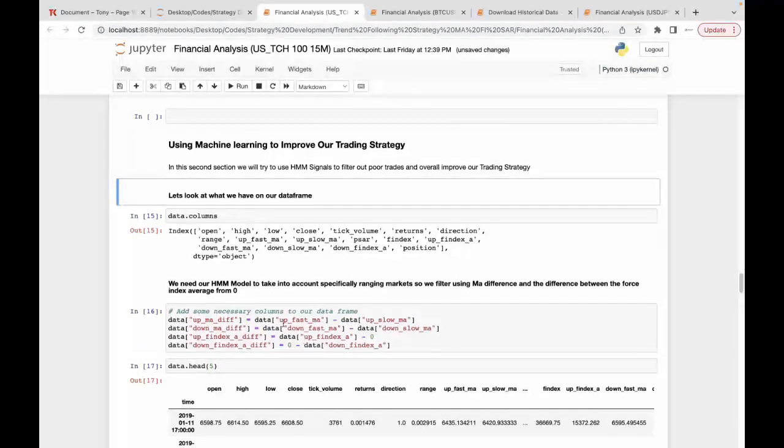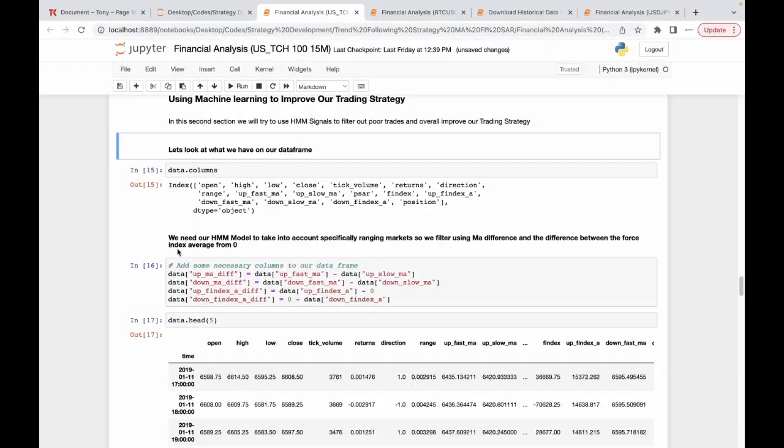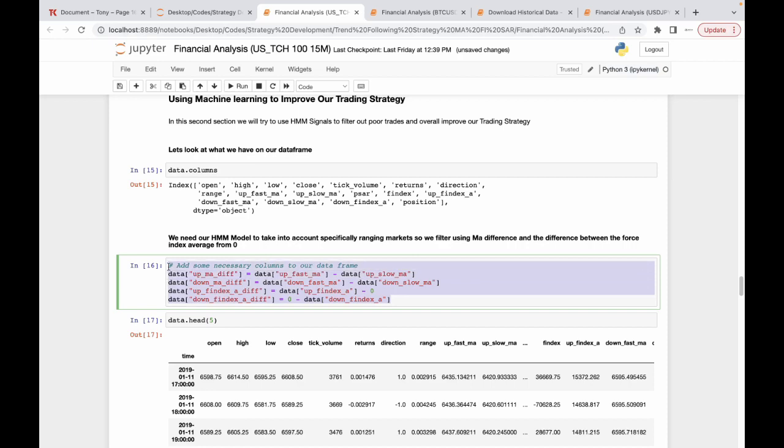So let's go down here and look at what we have on our data frame. And then we need our HMM model to take into account specifically ranging markets. So we are using MA difference between the force index average from 0. Now I want you guys to totally ignore this. In this case, we didn't use this. Okay.